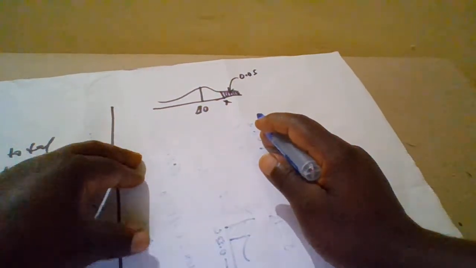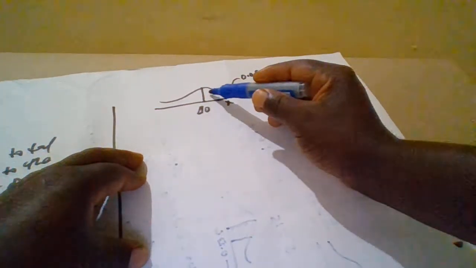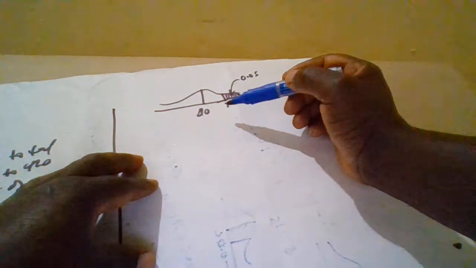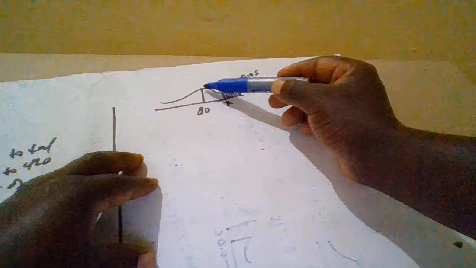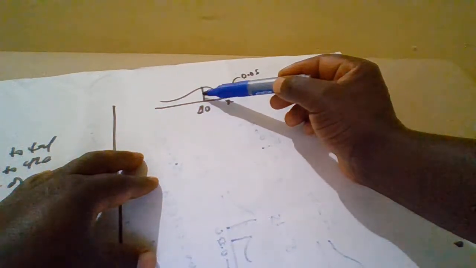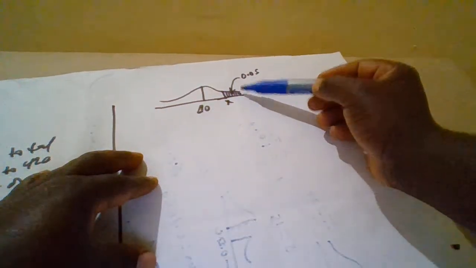They are saying that this area is 0.05. So if this is 0.05, we can easily get the area from the mean up to X, because we know that the normal curve is symmetrical about the mean, and the total area under the curve is 1. Therefore, from the mean to this point, the area is 0.5.